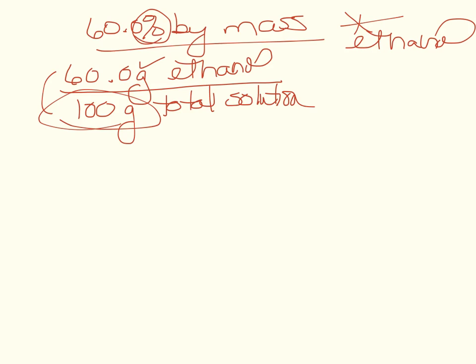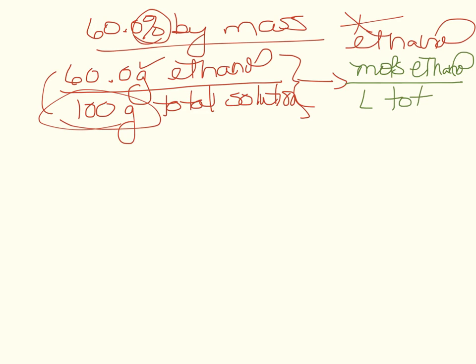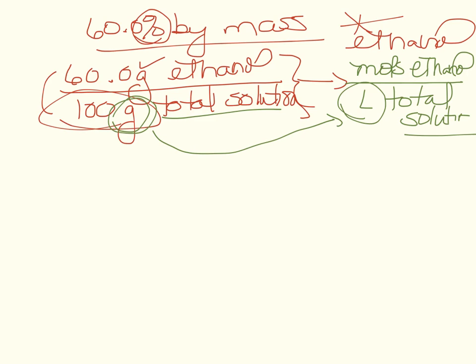So we're trying to go from this, which we know, 60 grams of ethanol and 100 grams total solution, to molarity, which is moles of ethanol per liters of total solution. So the good news is, in this problem, we're going from total solution to total solution. So we just have to get from grams of total solution to liters of total solution.